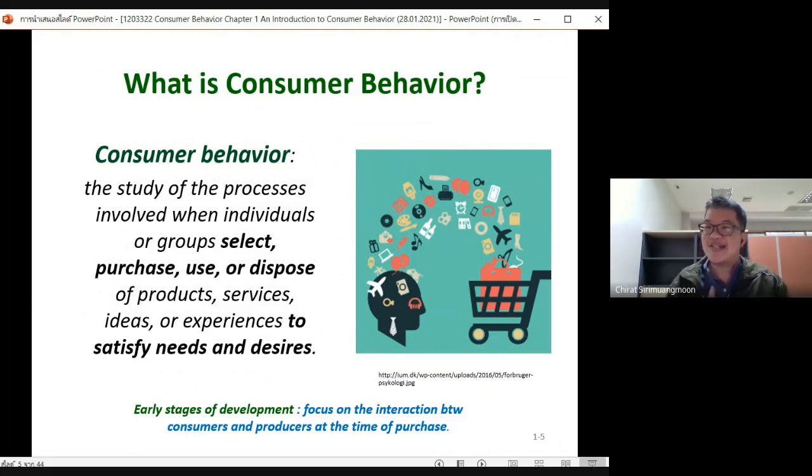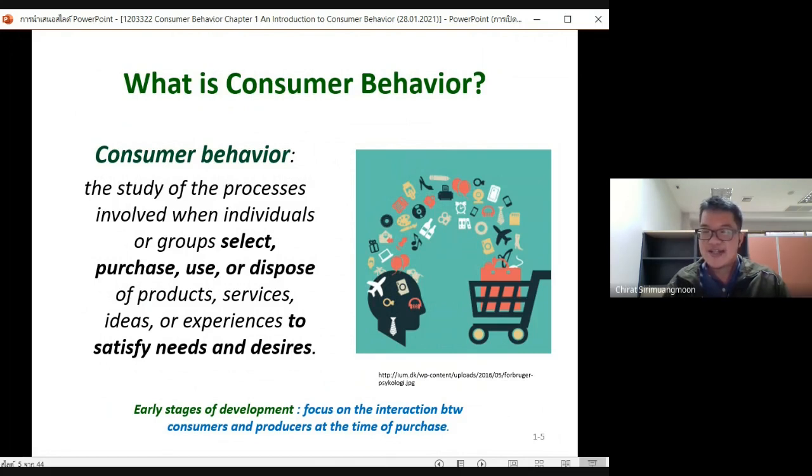That is the purchase situation. And after purchase, it's like you feel, oh, this is good, I would like to buy these products again. Or how you keep the product or how you remove the product. That is the post-purchase.